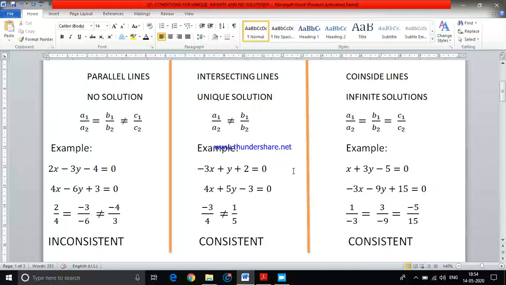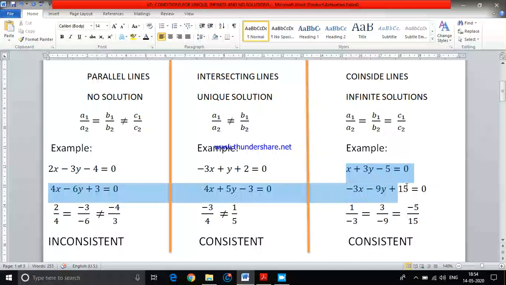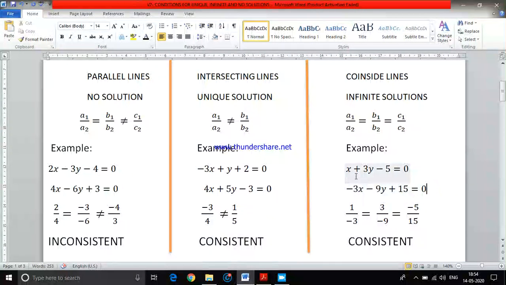So without knowing the values of x and y, we can still estimate the answers, whether you can find the answers or not. The third case I have taken here: x plus 3y minus 5 equals 0, and the second equation is minus 3x minus 9y plus 15 equals 0.